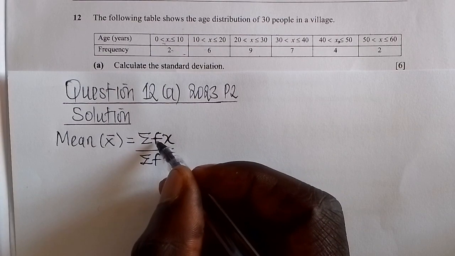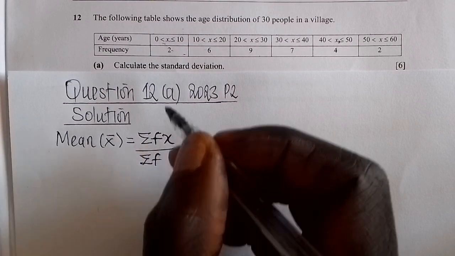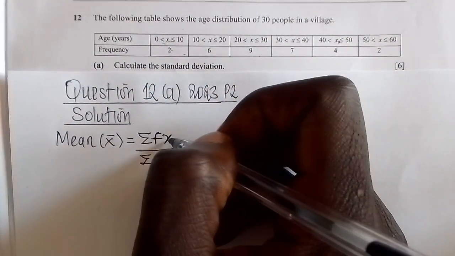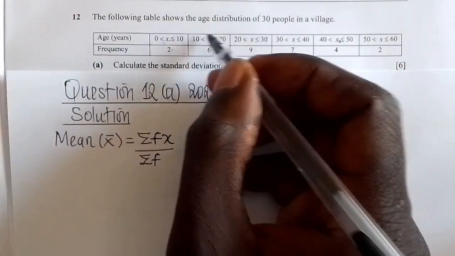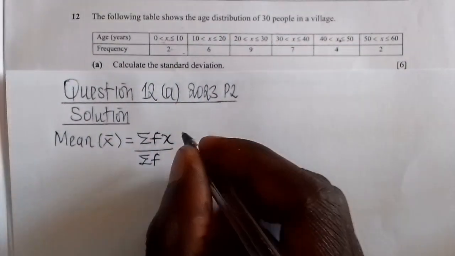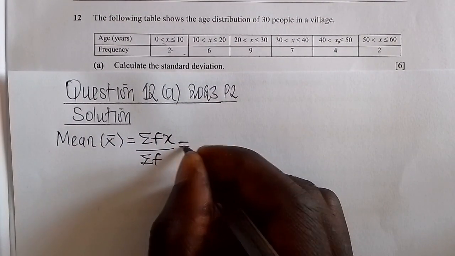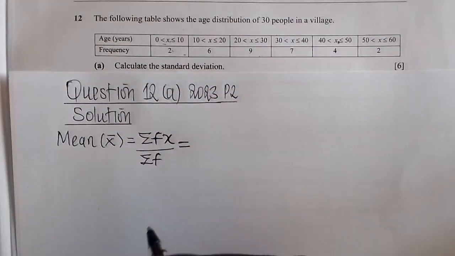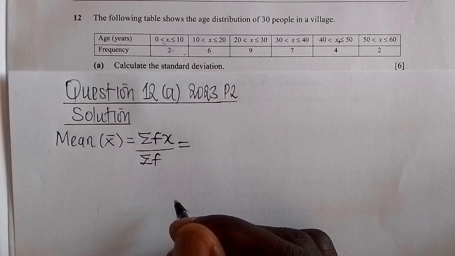So this here, summation fx is the multiplication of frequency times the mid value. So x is the midpoint or mid value of the classes. And then over summation f, this is just the summation of the frequency values.